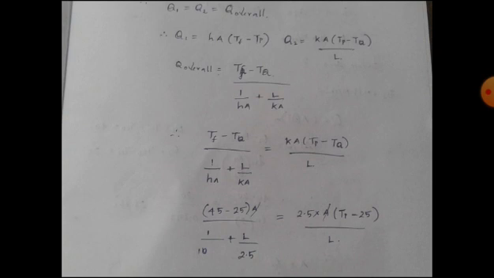Overall means the temperature difference will be between TF and TQ, that is first end and final end. By using this, equating any two, it is your wish. If you equate Q1 and Q2, it will be simple to find the answer.